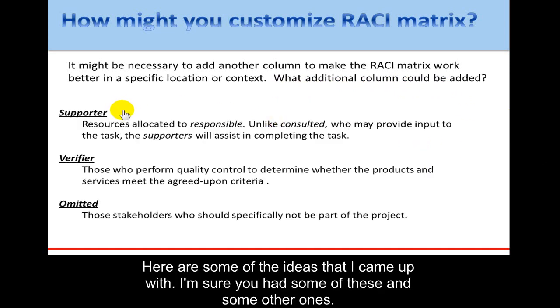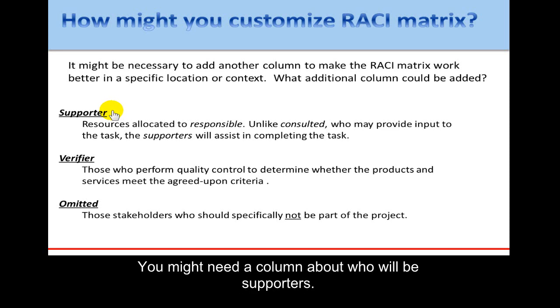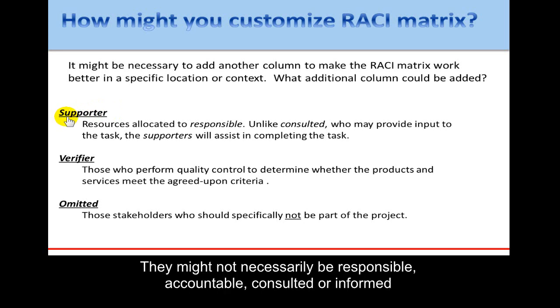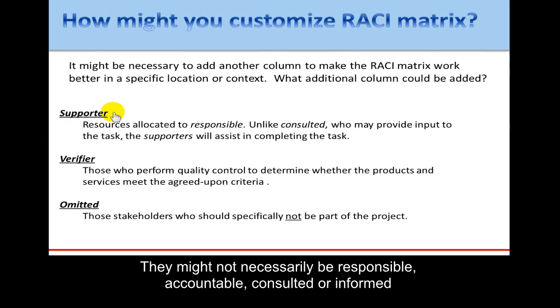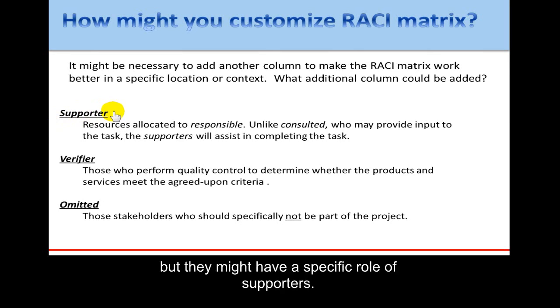Here are some of the ideas that I came up with. I'm sure you had some of these and some other ones. You might need a column about who will be supporters. So they might not necessarily be responsible, accountable, consulted, or informed, but they might have a specific role of supporters.